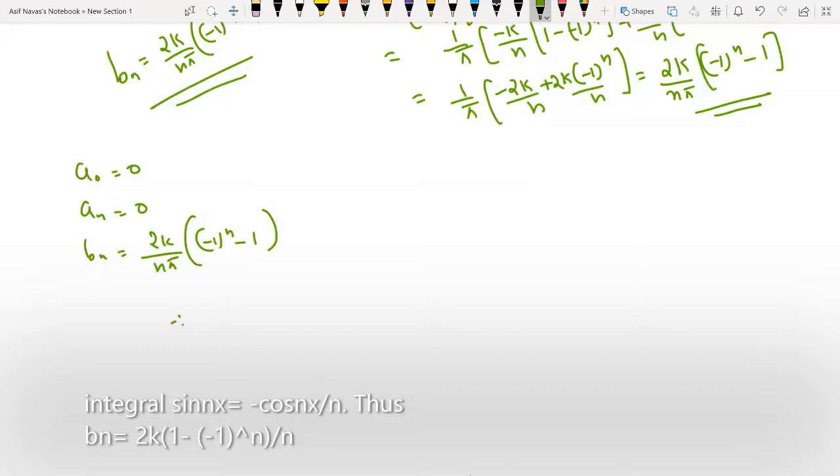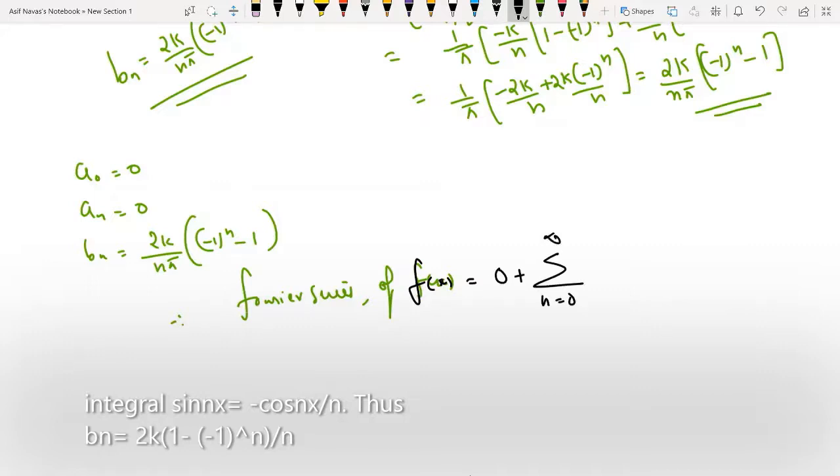Therefore, the Fourier series of f of x is equal to a naught, which is 0, plus sigma n equal to 0 to infinity, An is 0, so 0 into cos nx, plus bn.